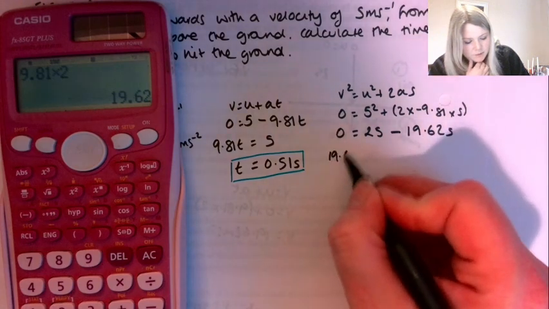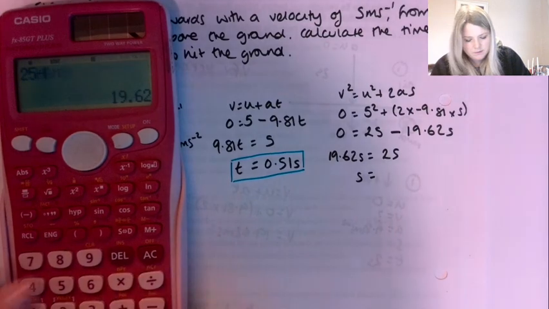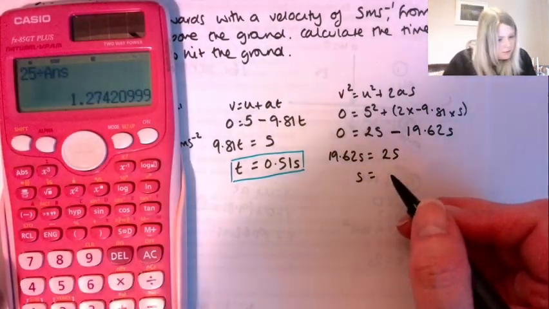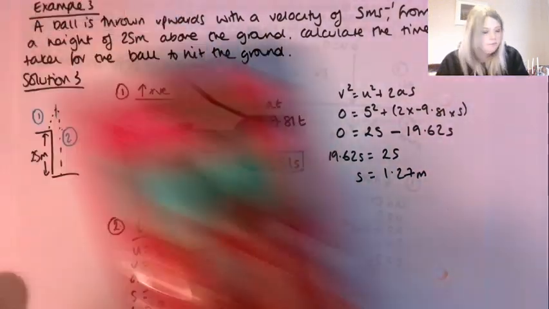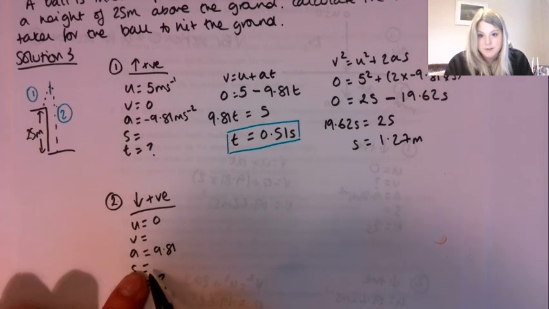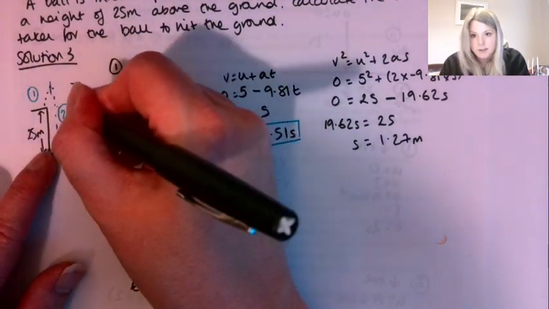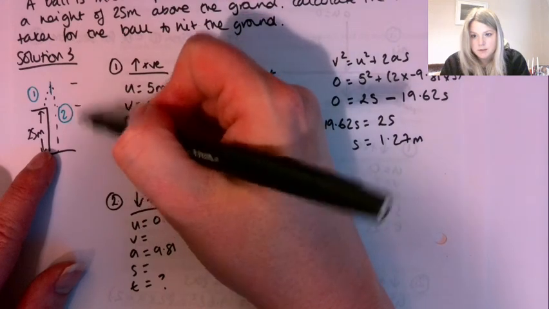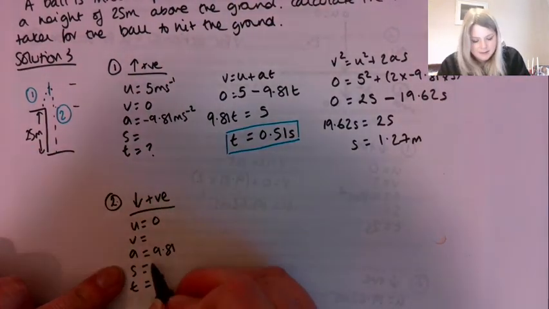So 19.62S is 25, S is 1.27. Okay, so that means that S for this wee section 2 is 1.27, which is from here to here, plus that 25. So this S is going to be 26.27.